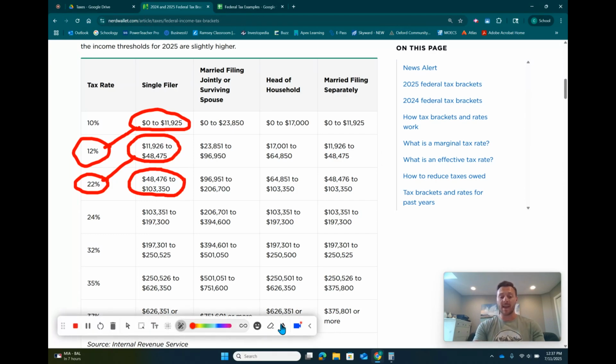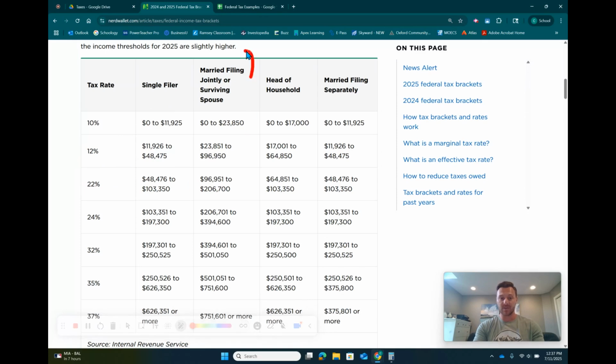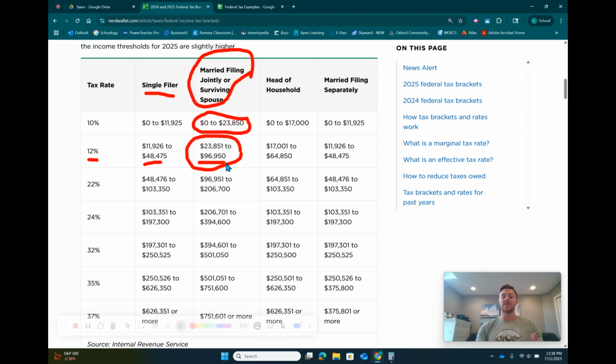And then for a married couple or a surviving spouse, you are going to see higher income thresholds. That is how our tax code works. If you're single, the 12% bracket ends at $48,000. If you're married, it ends at $96,000. That is the advantage to being married in our tax system. If one spouse works, one doesn't, you still get the bigger brackets.